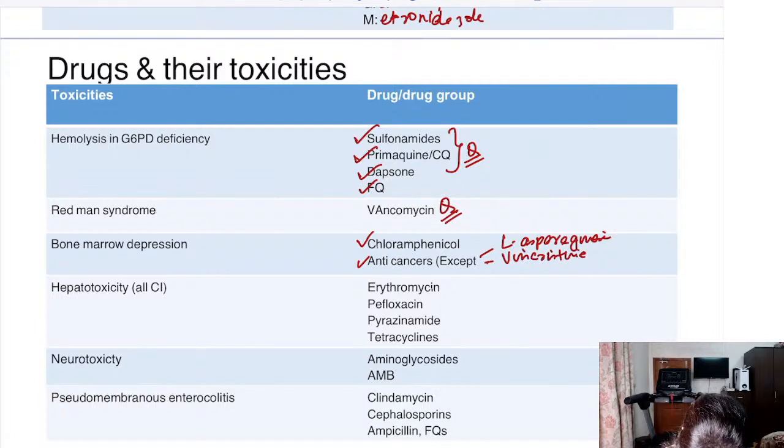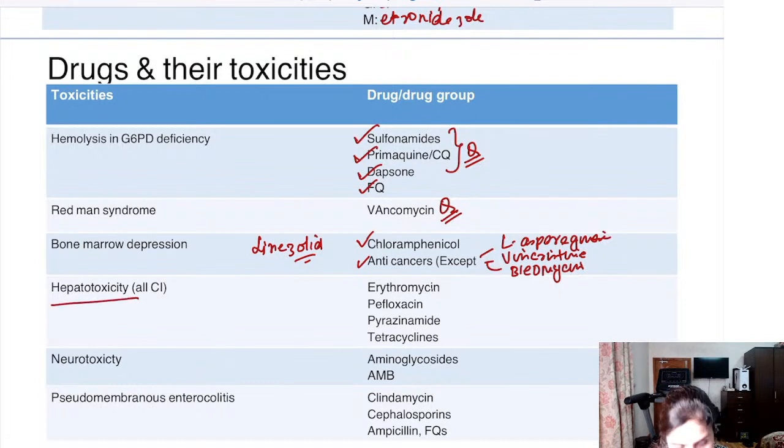Vincristine and bleomycin. Very good, Arnav. Yes. So all these three have bone marrow sparing effect. So chloramphenicol, anti-cancer, and one more you can remember, even linezolid. Okay? This can also cause bone marrow depression. So these three are important for this.